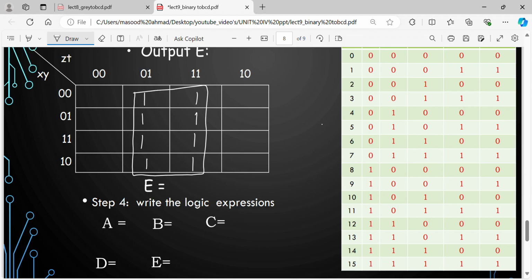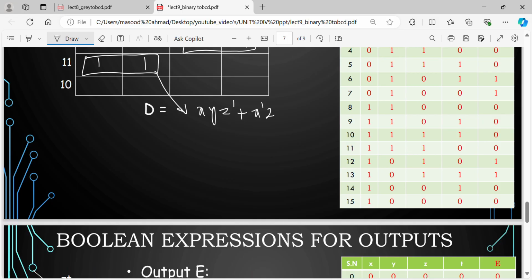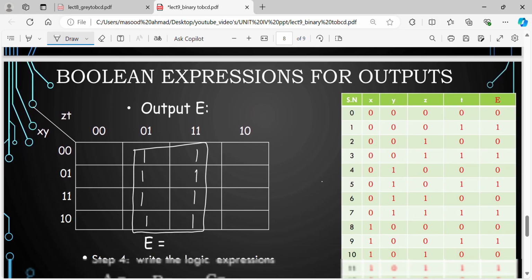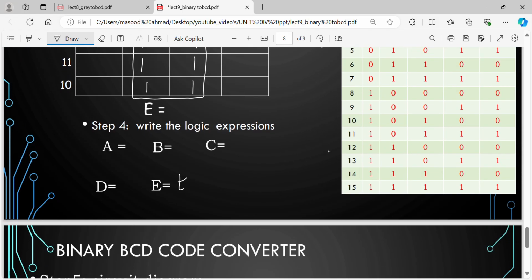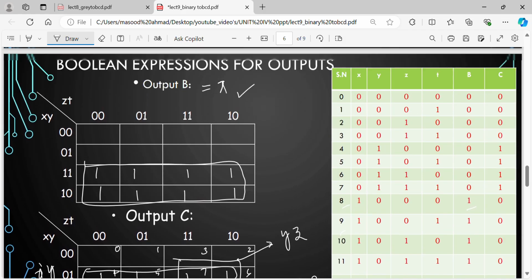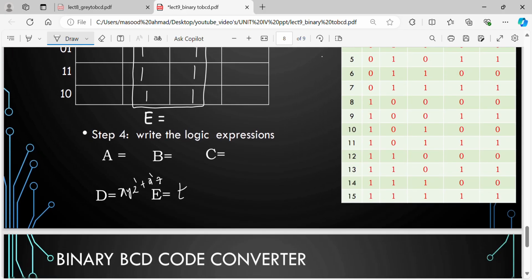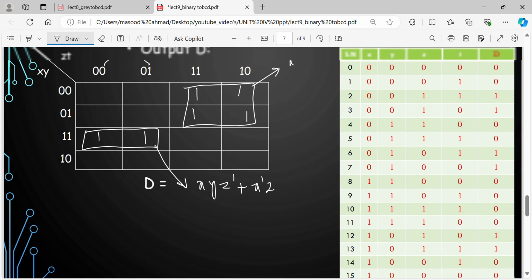So what is that? Is it not T? Yes, it is T. So I got E equal to T. D, what did I get? XYZ bar, X bar Z. So D is XYZ bar plus X bar Z. B, I got B as X. What exactly did I get for C?